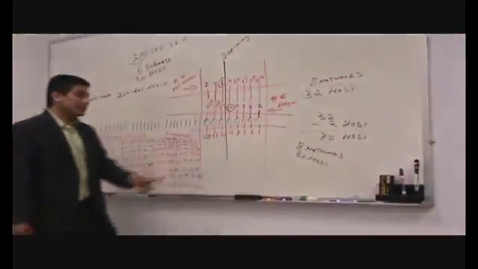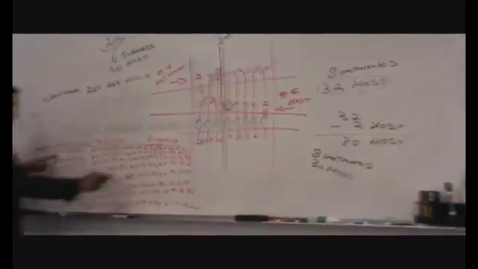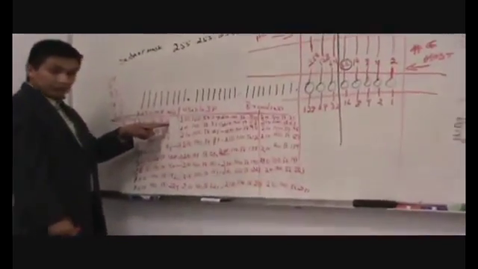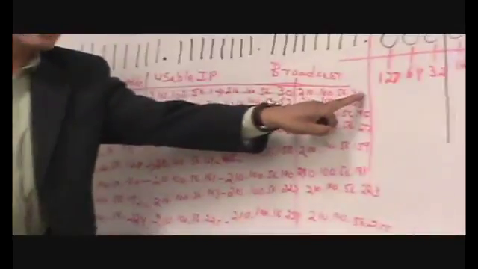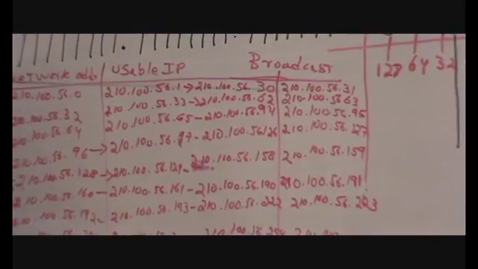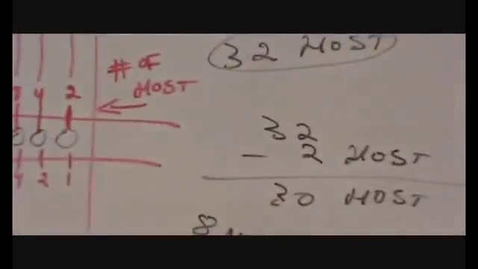So notice how we have 1, 2, 3, 4, 5, 6, 7, 8 networks. All right, 8 networks with 32 addresses each, because between here and here there are 32 IP addresses if we count the 0. The 0 counts as the first IP address, and that is the last IP address of our number of hosts. So we have 32 minus 2, minus this one and minus that one.